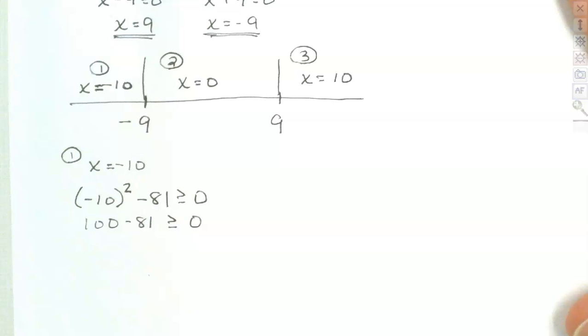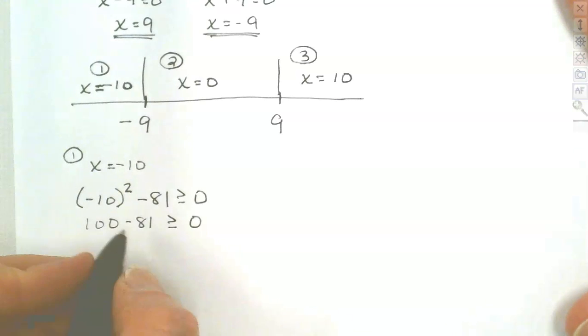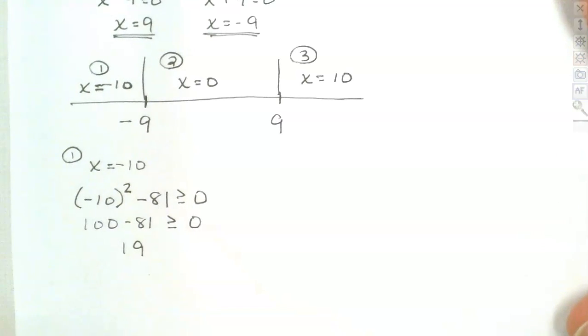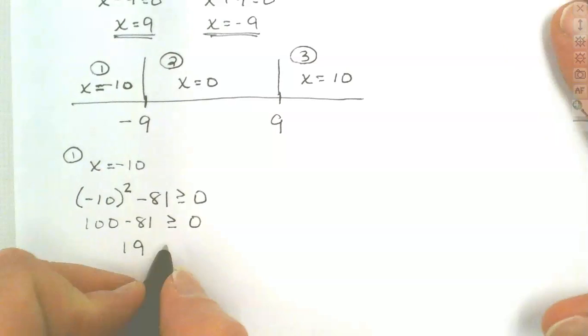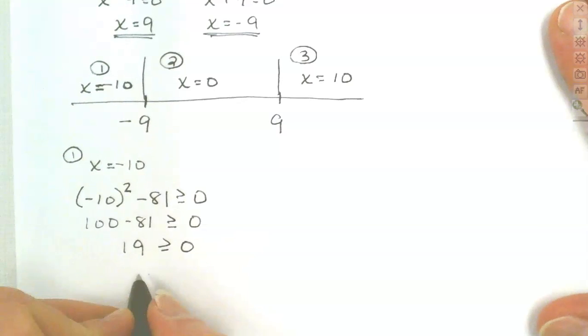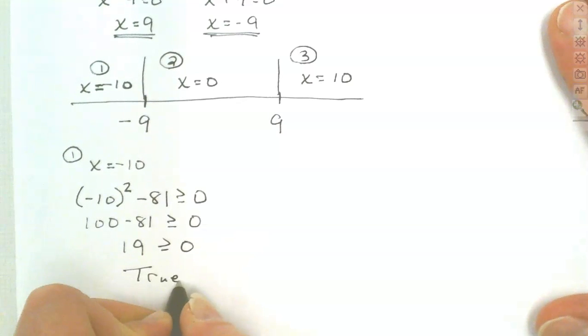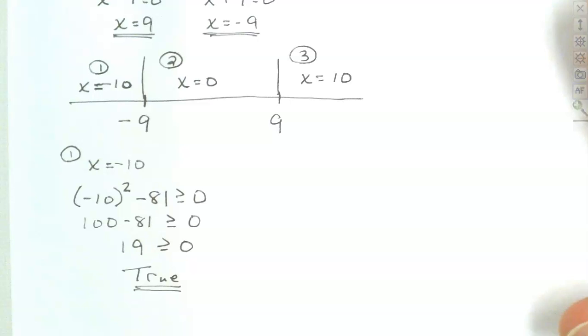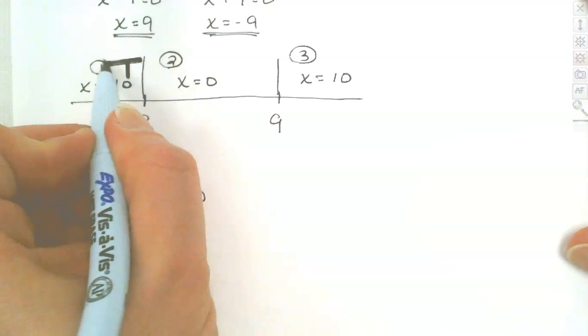And 100 minus 81, that makes it 19. And is 19 bigger than 0? Is that true or is that false? Well, 19 is bigger than 0, so that makes that region true. So we'll mark this with a true.